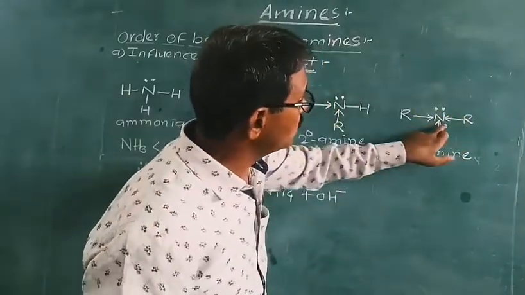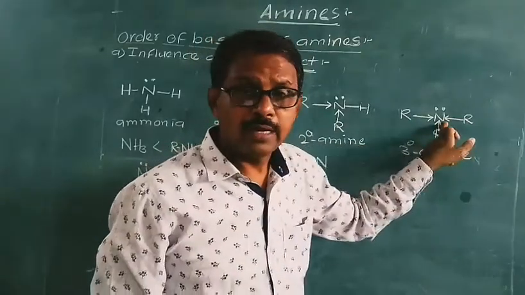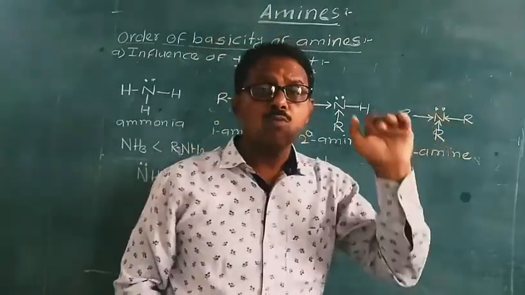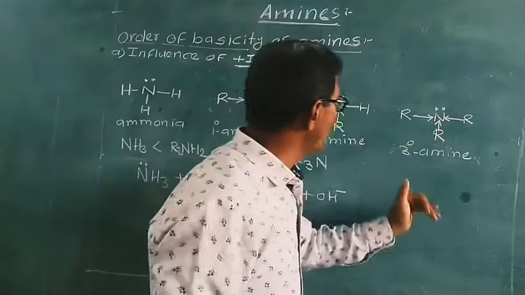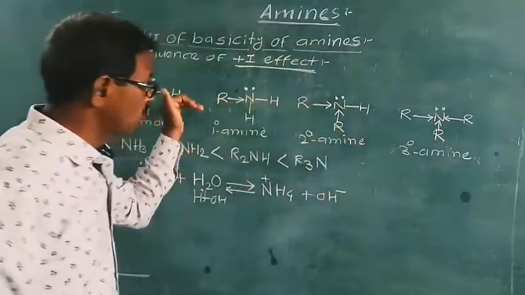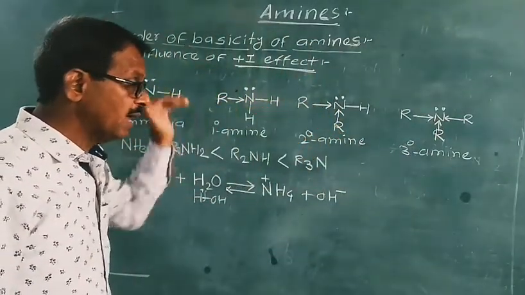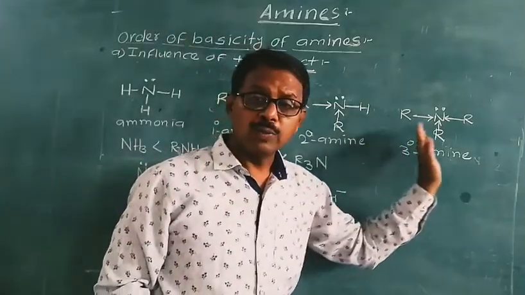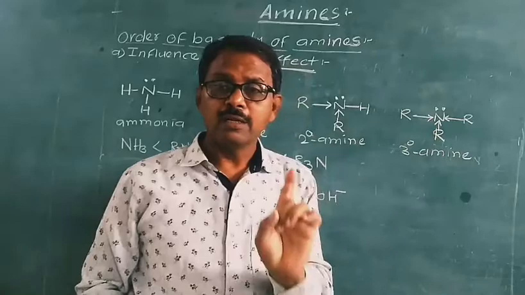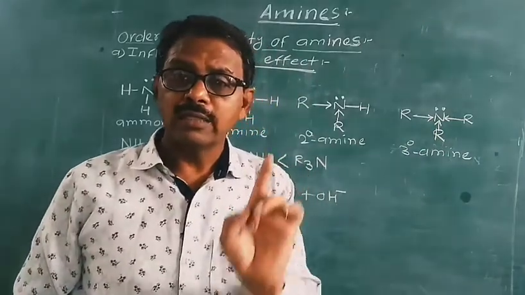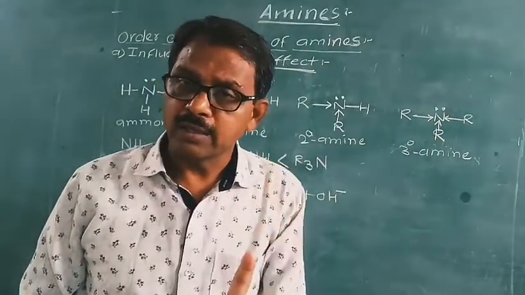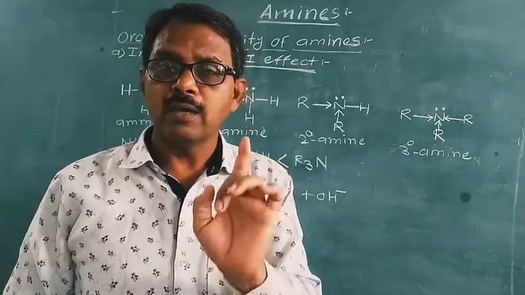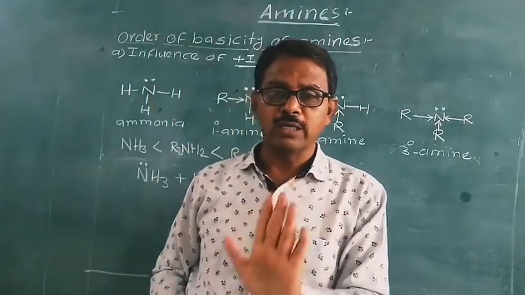These three alkyl groups donate electrons to this nitrogen atom, and this nitrogen atom becomes more stable in comparison to that of secondary and primary amines. Hence, as the number of alkyl groups increases, stability also increases. As the stability of that amine increases, basic character also increases.